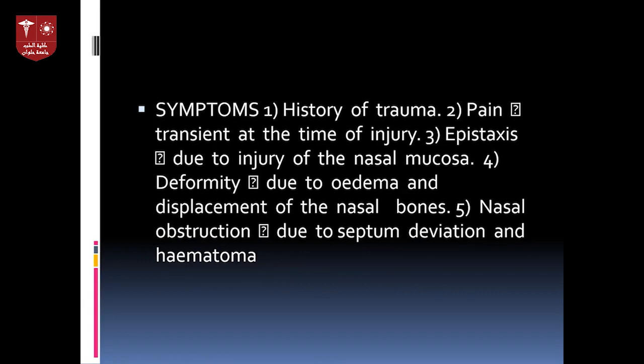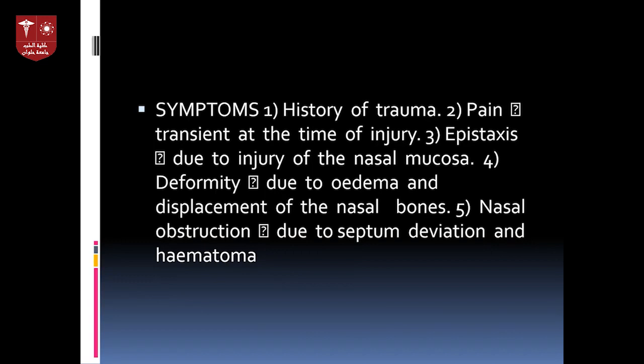What are the symptoms? Of course, there is a history of trauma and pain, transient at the time of the injury, and epistaxis due to injury of the nasal mucosa. Epistaxis is bleeding from the nose. We didn't discuss that yet. We will take it in a lecture by itself. So again, there is a history of trauma, and pain at the time of the injury.